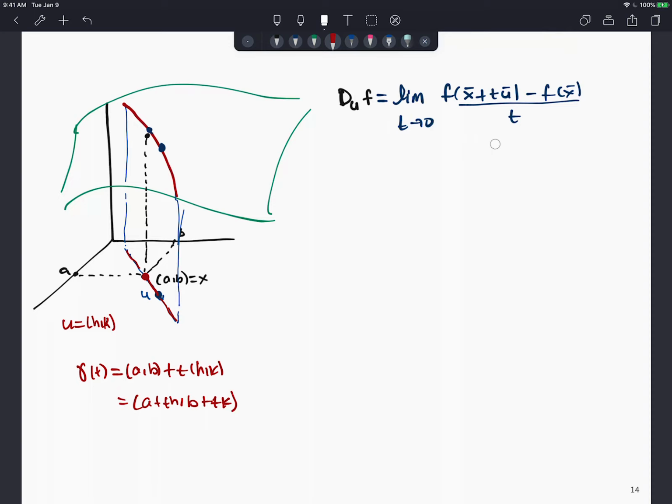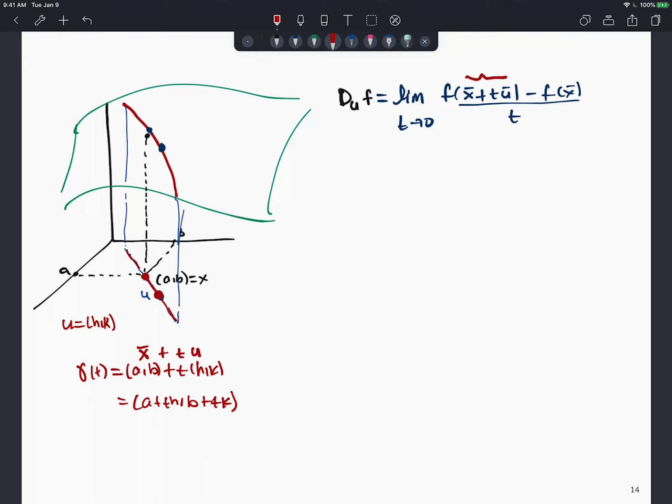I can think of f of x plus tu as finding a point nearby here, and then minus f of x is here. This is exactly the same as finding gamma. X is (a, b) plus t times u, which is this. This is x plus tu.